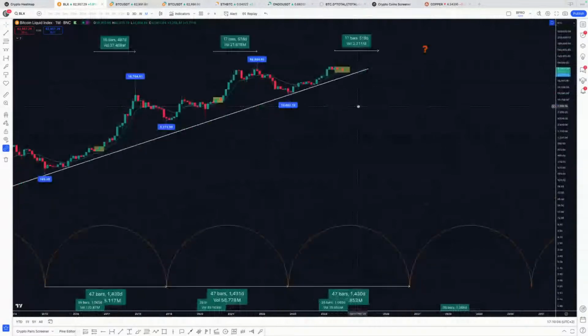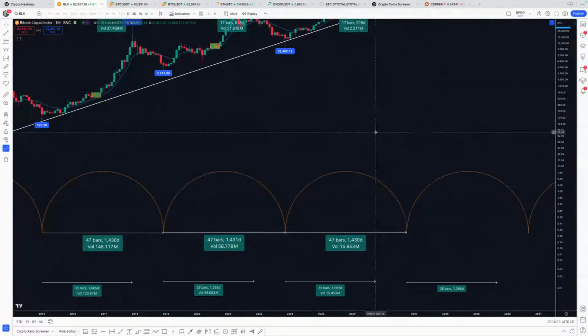But if this will repeat, then we might expect a new all-time high around September, October, could be even July, or even later. Of course, this model could be easily invalidated, but as of now, it works. So I do anticipate a new high somewhere late 2025.